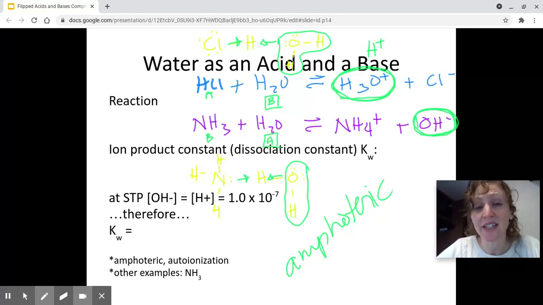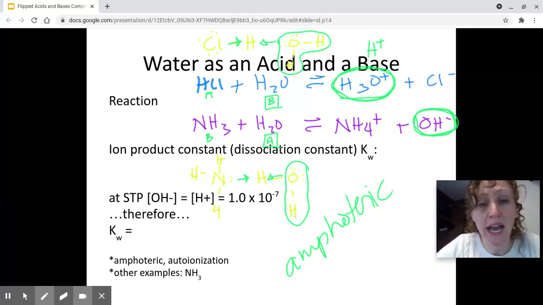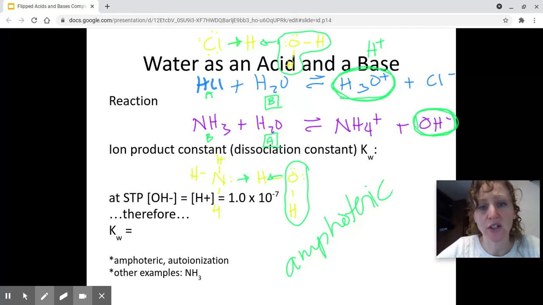Not everything can do this. Hydrochloric acid certainly can't. Hydrochloric acid is a hydrogen donor. It never acts like a hydrogen acceptor, right? It's not amphoteric, but water is. Water is in a very small group of compounds that can act like an acid or a base depending on the circumstance that it is in.